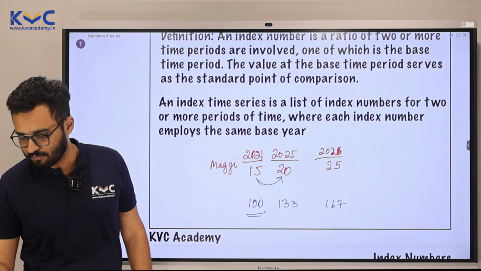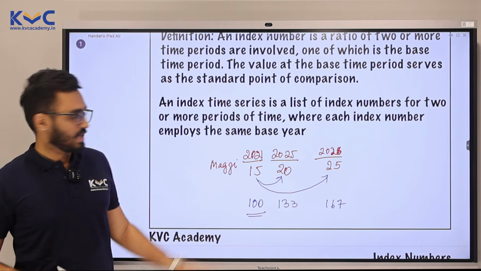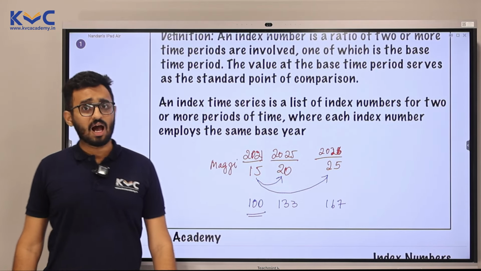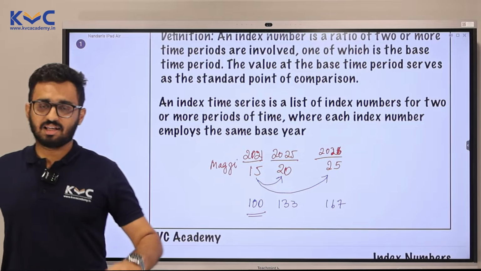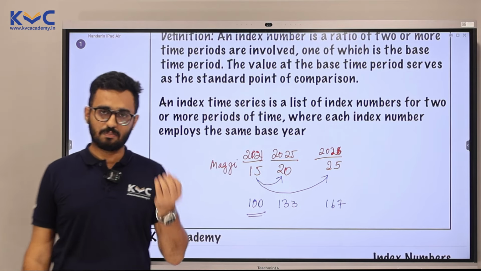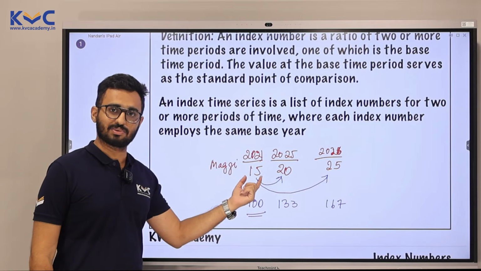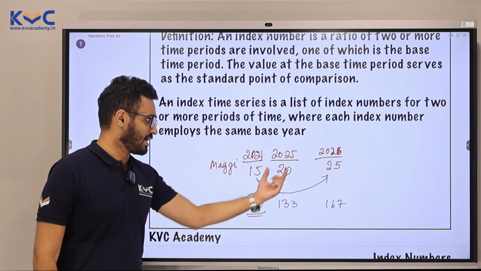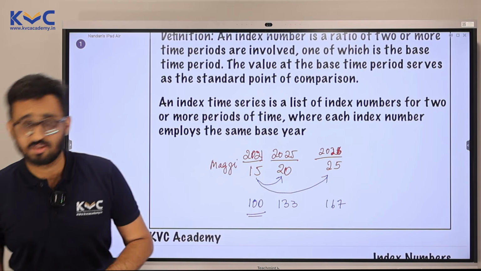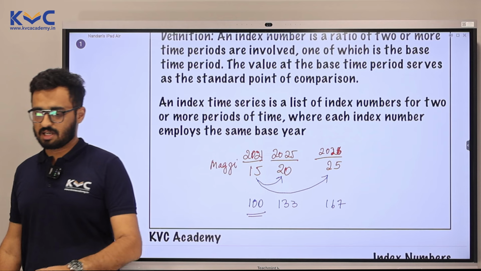Compared to base period, if I ask you what is the increase here, that will be 15 to 25, 100 to 167. Are you understanding? This is the crux of the index numbers chapter. We'll always denote the base value, it can be price, quantity or value, as 100, and then we'll see the comparisons. Is that clear? So that is what we do in index numbers.